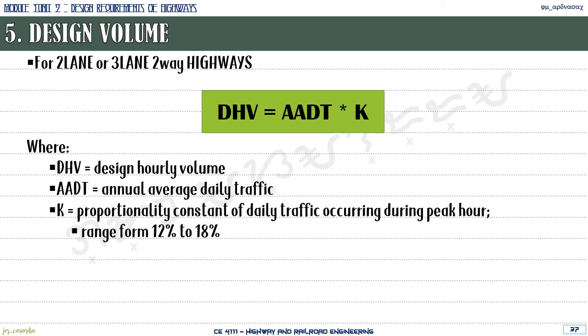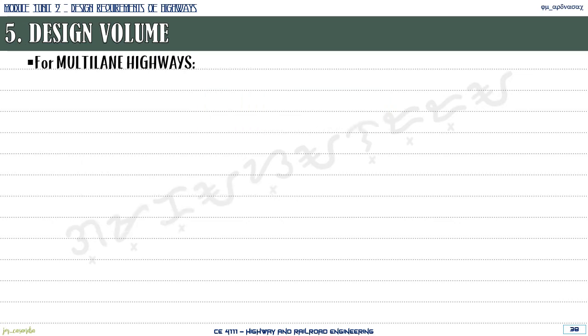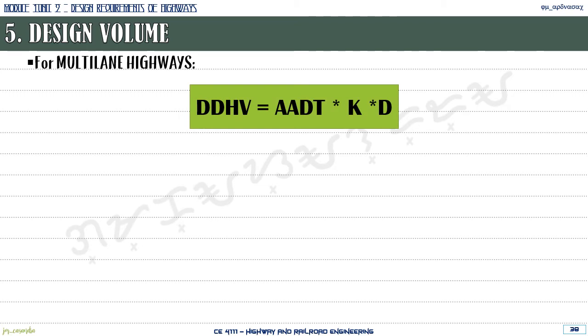And this will range from 12% to 18%, depending on the situation or the condition of our highway. For multi-lane highways, such as your 4-lane two-way highways or your 6-lane two-way highways, we now compute the design volume as the DDHV, which is equal to the AADT times the K times a factor D.